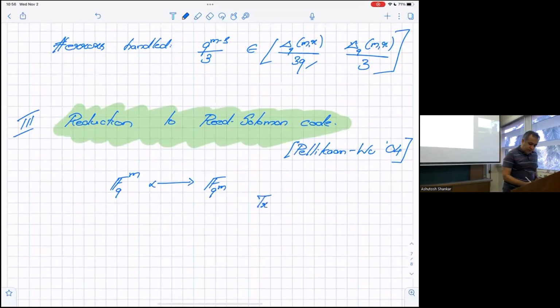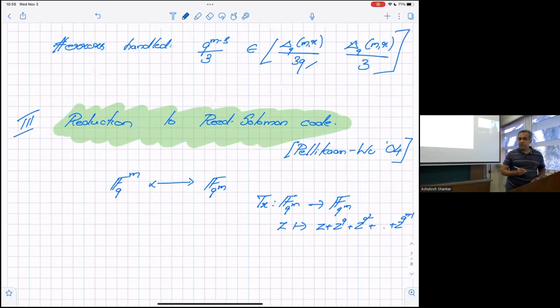You could define this trace map, which goes from F_{q^m} to F_{q^m}, sorry, the large field to the large field, in which z gets mapped to z plus z^q plus z^(q^2), all the way up to z^(q^(m-1)). We only did the q equals 2 case, but the exact same proof goes.